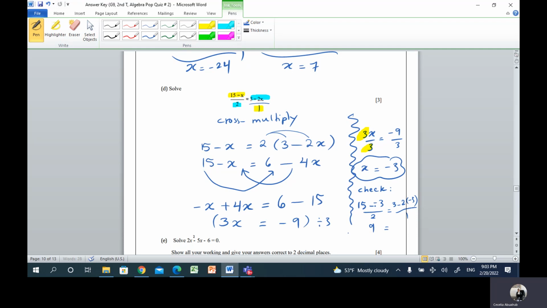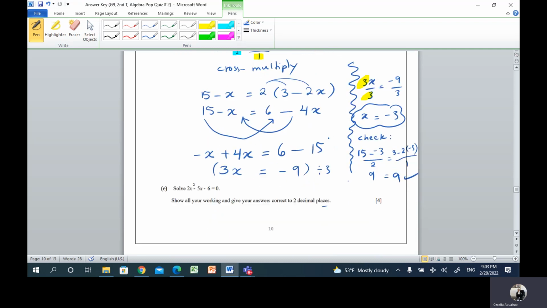So 15 plus 3, which is 18, divided by 2 is 9. 3 minus 2 times negative 3, the answer is 9. So which means that the value of x that we found is absolutely correct. Next.